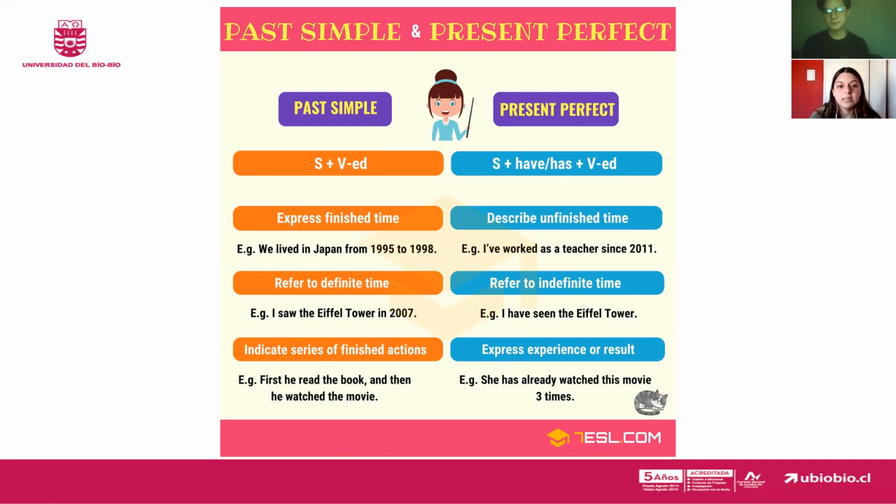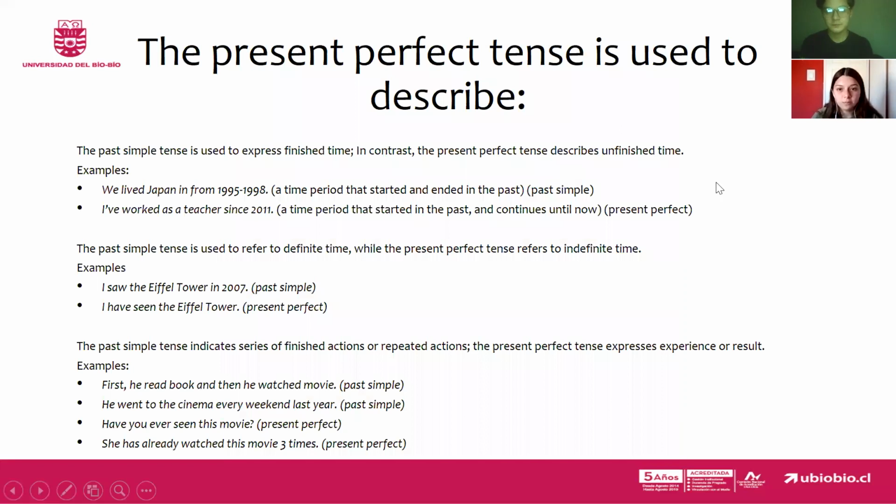Okay. And as a way to describe a little bit more, we have here that the present perfect tense is used to describe, as I was saying before, unfinished time. For example, I've worked as a teacher since 2011.